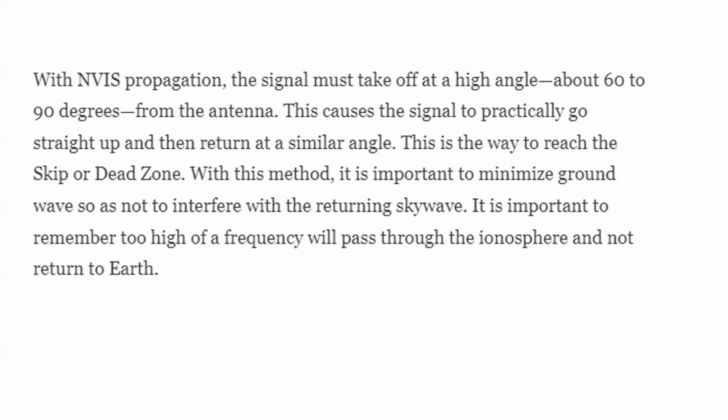It turns out that if your frequency is too high, your signal at high angles will pass through the ionosphere and not return to Earth. So there's some body of knowledge that you'll need to effectively use NVIS.